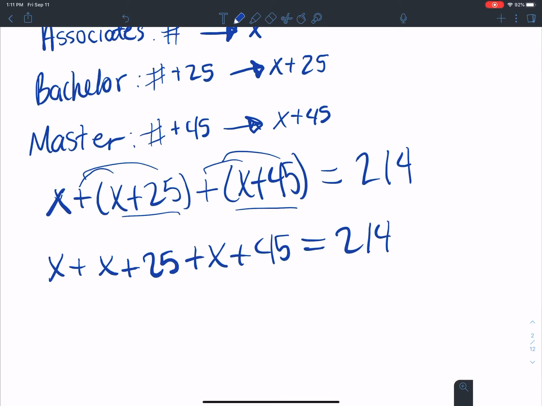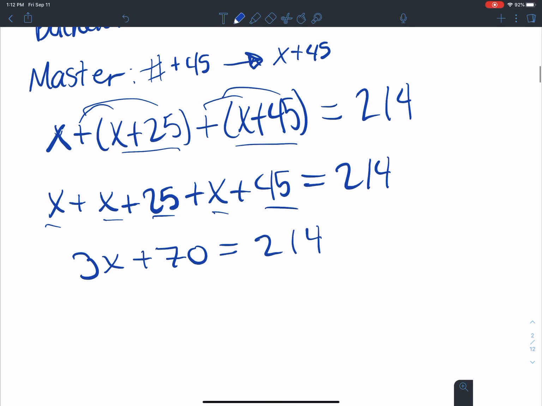Okay, so now let's combine our like terms. We have x, so 3x, 25 and 45 is 70, equals 214. Okay, so let's get x's on one side and constants on the other. So you subtract 70.